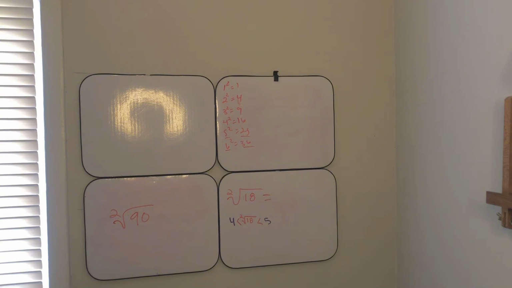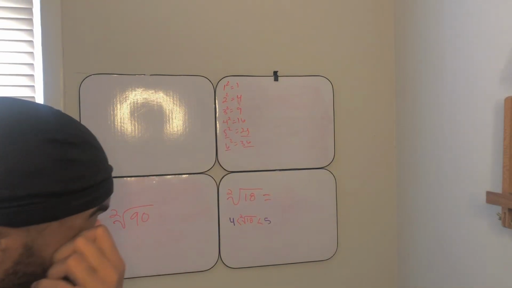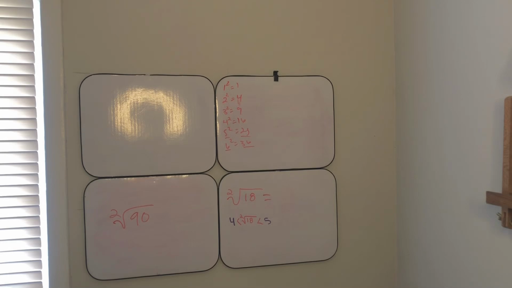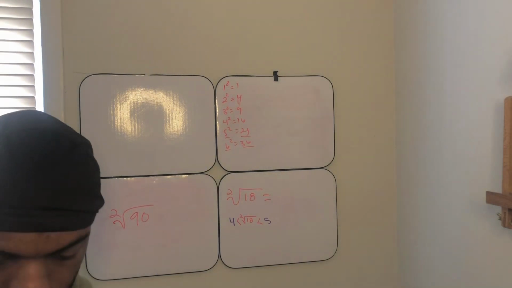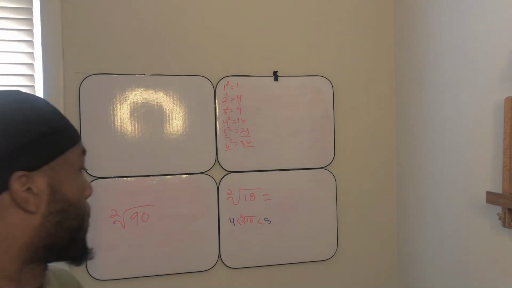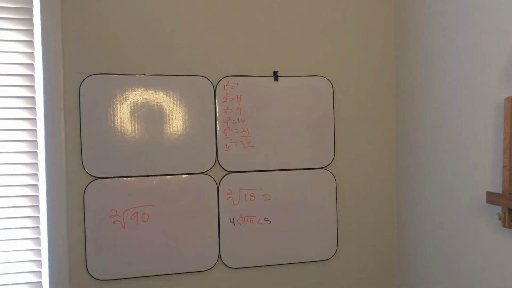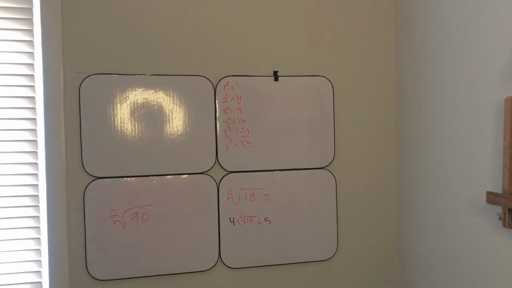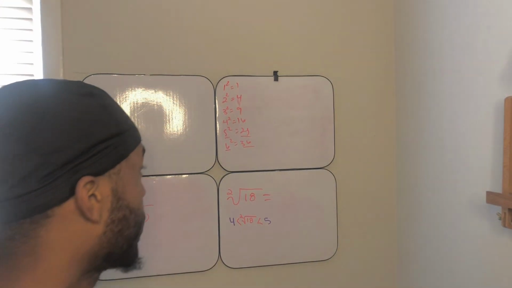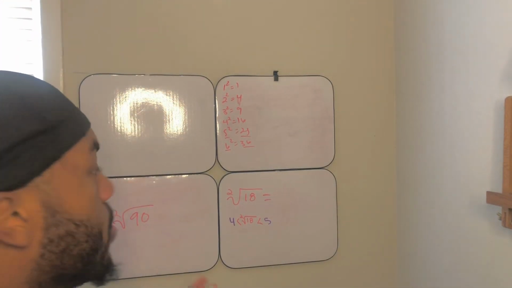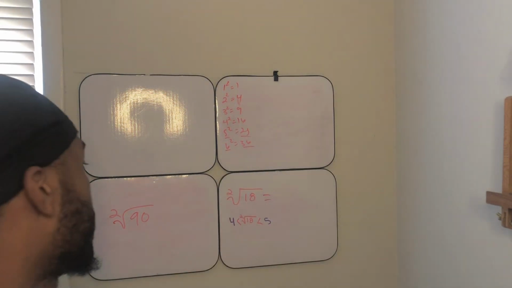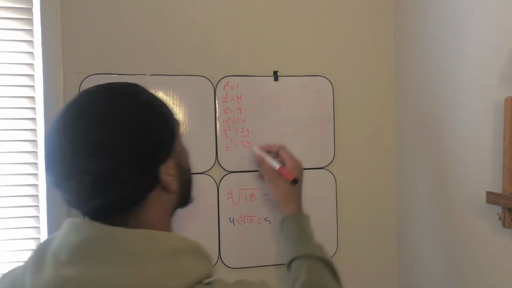Think about kind of what we've been doing over here. The square root of 90. So what we're going to do is finish this little graph right here so we can see something.